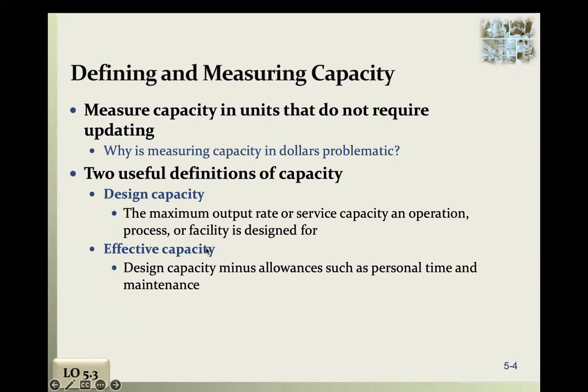And effective capacity is design capacity minus allowances such as personal time and maintenance. In every organization, there will be some contingencies. Maybe sometimes the system is down, sometimes maintenance is going on, or sometimes some employee is absent. So when you subtract all those allowances from design capacity, that becomes effective capacity.